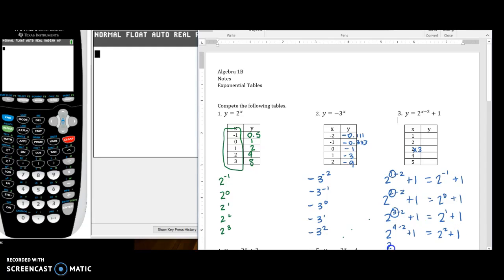And I'm running out of space here. 2 to the 5 minus 2 plus 1, which is 2 to the 3rd plus 1. So you want to do this little extra step of math first before you punch it into your calculator.